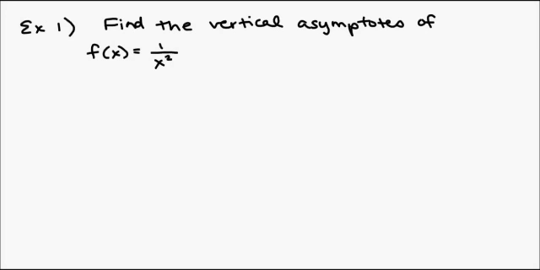Example 1. Find the vertical asymptotes of f of x equals 1 divided by x squared. So what we're going to do first is look at the limit as x approaches 0 from the right, the right-hand limit of this function. I'm going to pull my calculator up to look at this quickly.